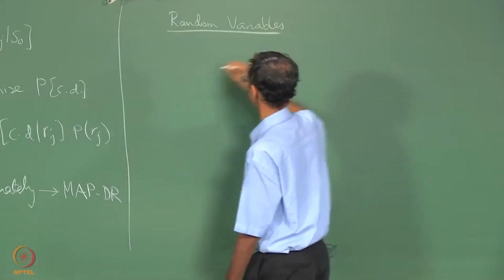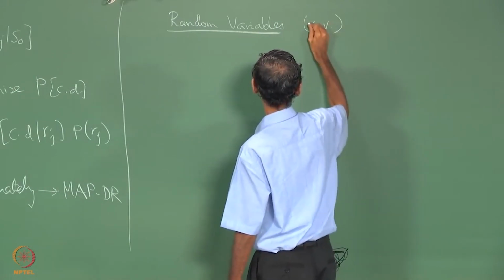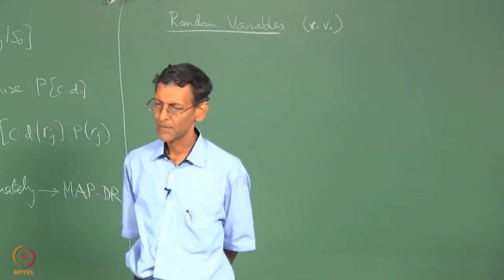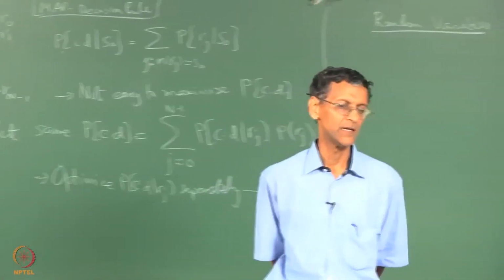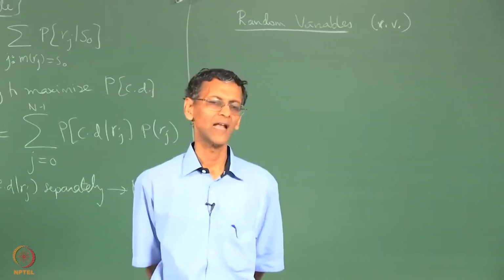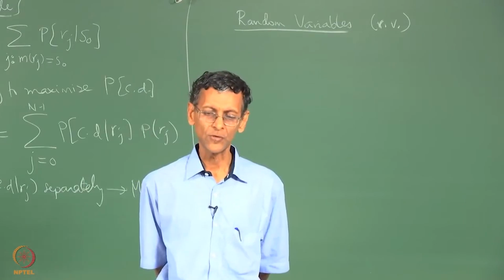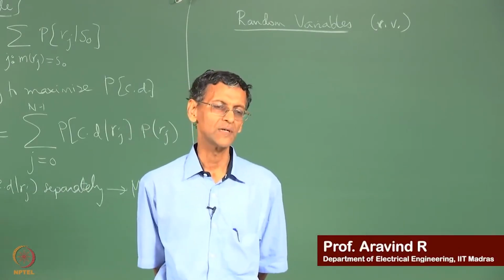So we are going to abbreviate random variables by RV in lowercase small letters, right? So this is a very important concept in probability. It allows events to be viewed as something that spits out numbers, and how to manipulate these numbers and so on.